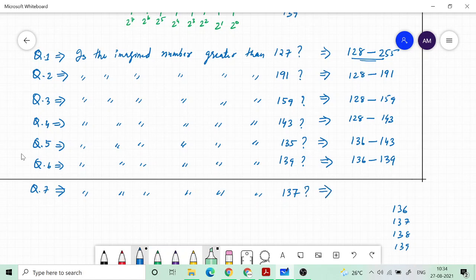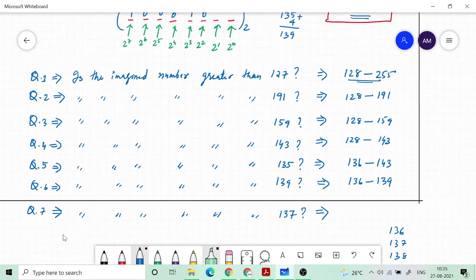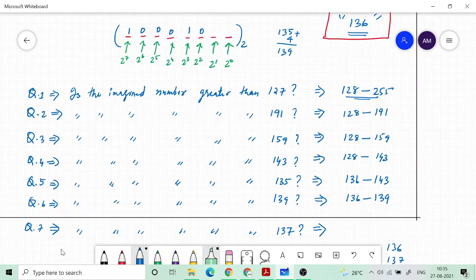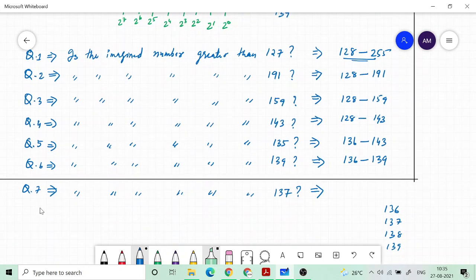And the answer is no. So that means if the answer is no, I put 0. And now I know this is either 136 or 137. It's not greater than 137.